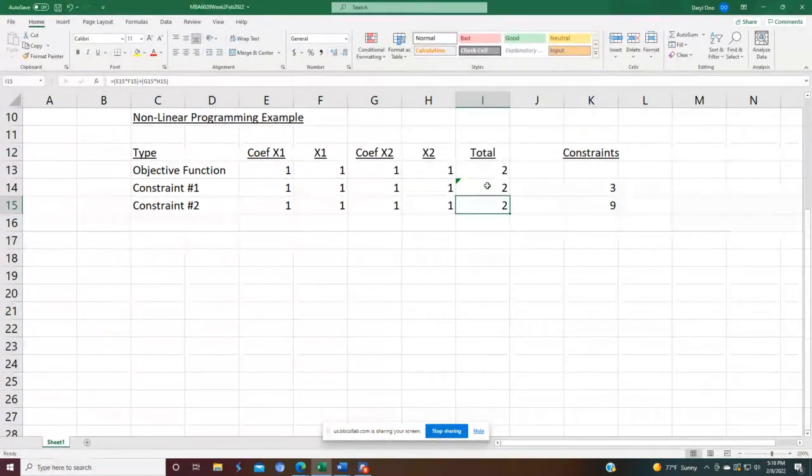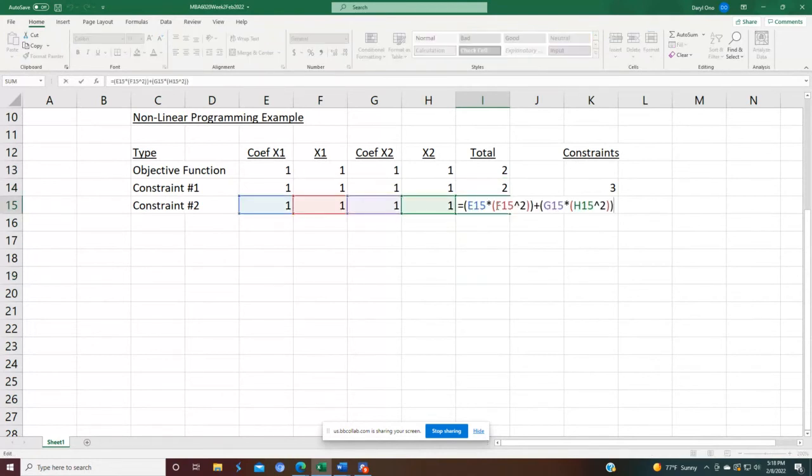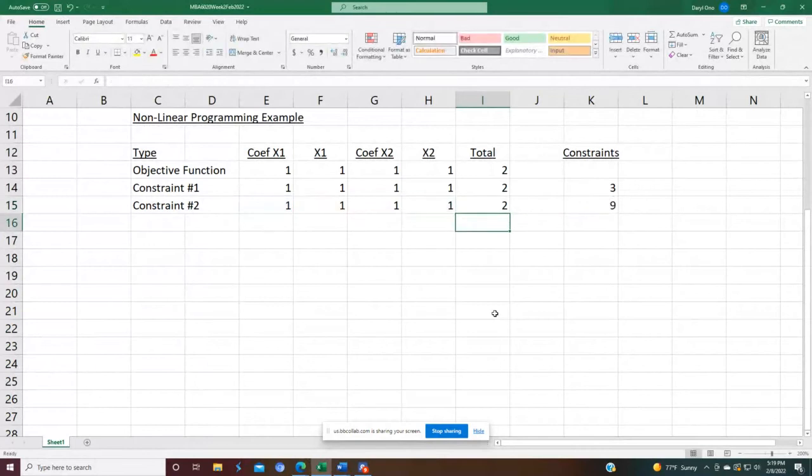I'm just going to copy it down now. Okay, and for this one, the constraint is 10.